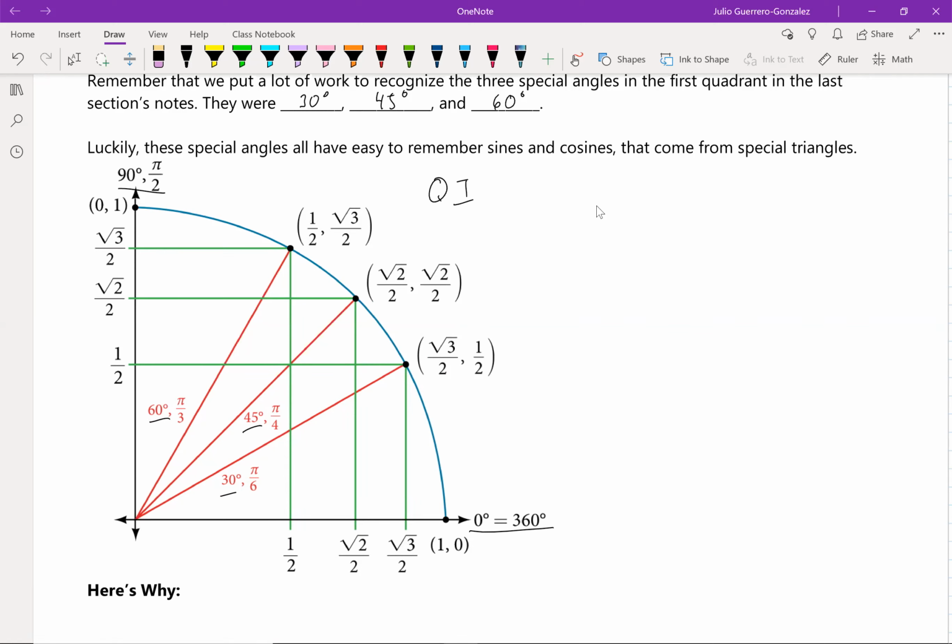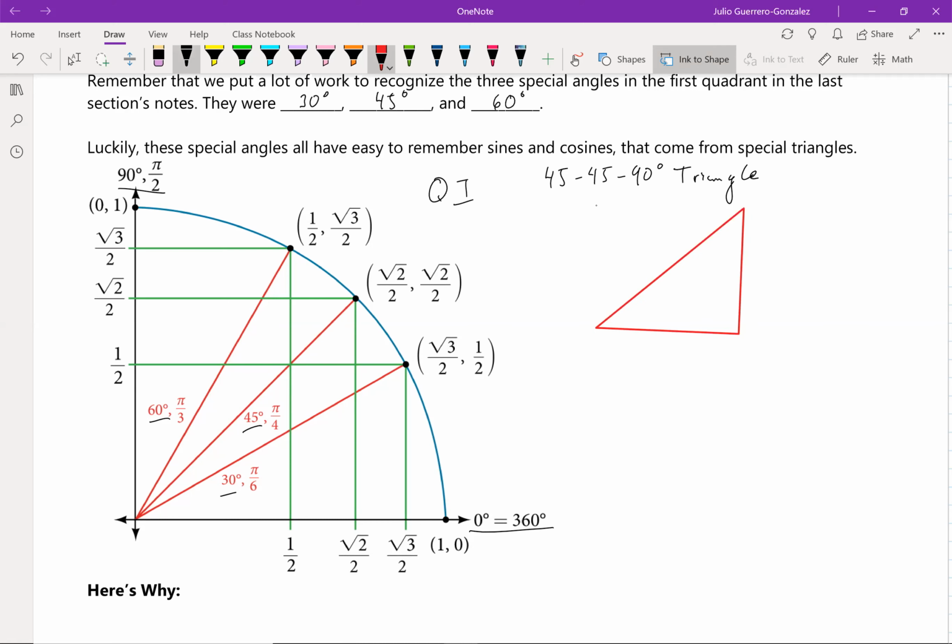So to start, we're going to try the 45, 45, 90 triangle, okay? We're going to try this one first. So what I'm going to do is I'm going to draw a triangle 45, 45, 90.